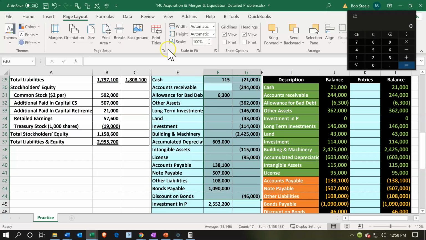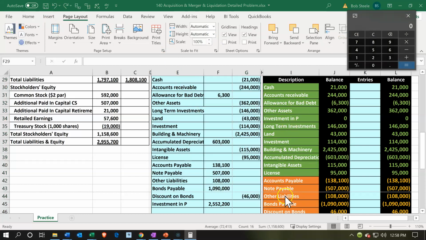Oh, not there. That's not where it goes. It goes in the trusty calculator. If we add this up, it goes 1158600 minus then what we got, the value 2552200. That's going to be a difference of, let's do that one more time.